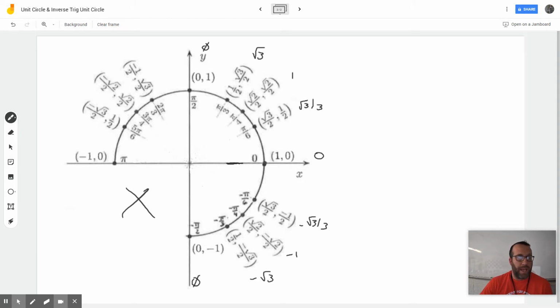The second is that in the fourth quadrant, instead of the normal angles, I've got negative pi over 6, negative pi over 4, negative pi over 3, and negative pi over 2. And the reason for that is the graphs of inverse sine, inverse cosine, inverse tangent. It has everything to do with their domains.